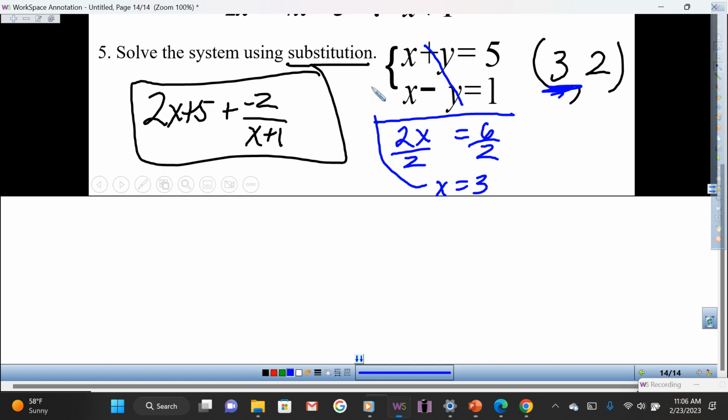Substitute that into one of these. So we get 3 plus y equals 5, minus 3 from each side, and that's how we get 2. That is the elimination method. You're like, what? Yeah, we're getting there.